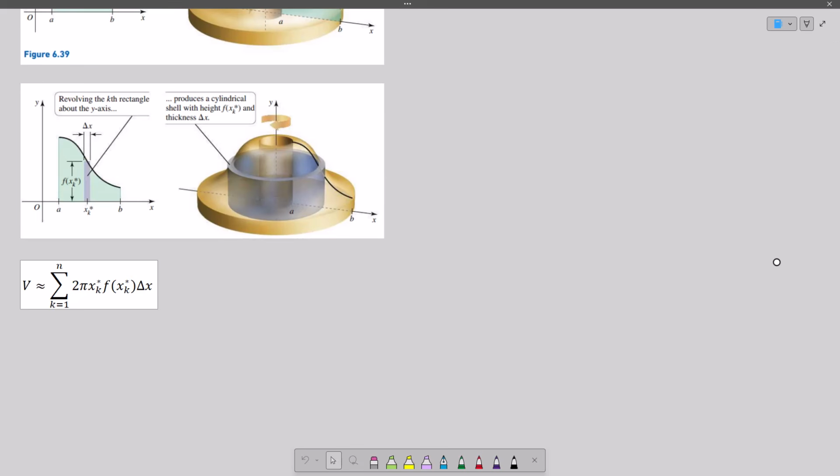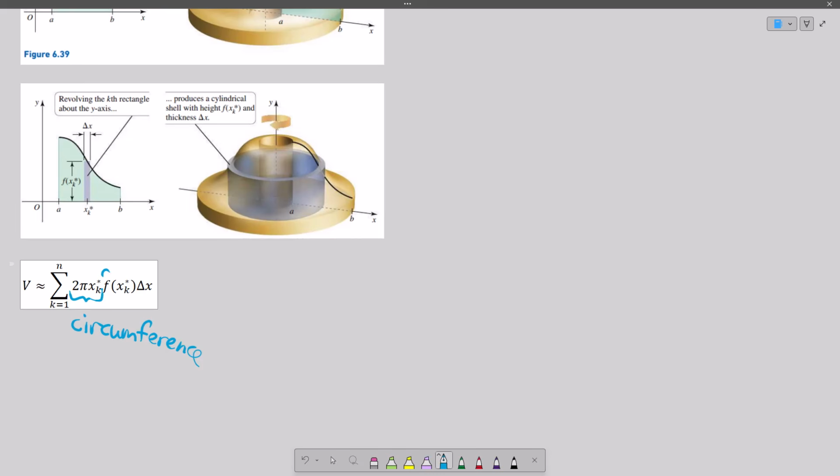So 2 pi r, this is circumference right there. That is circumference. And then let me not get the f in there. So circumference is up to there. And then f of that value is the height of the cylinder.